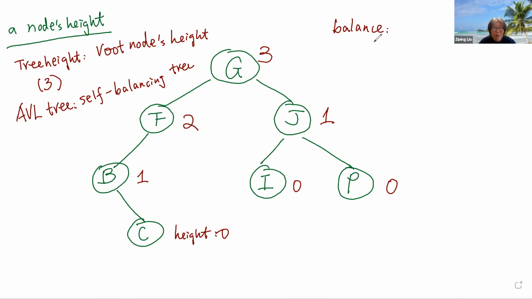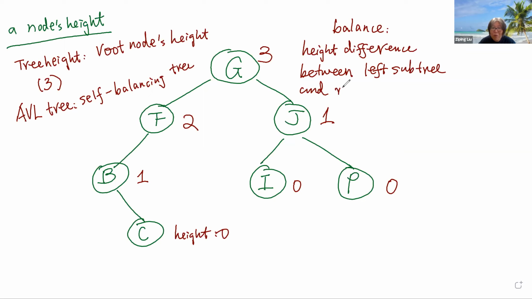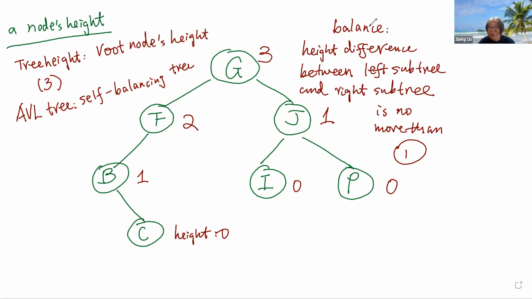The balance here means the height difference between the left subtree and the right subtree is no more than 1. Then you consider this tree to be balanced.